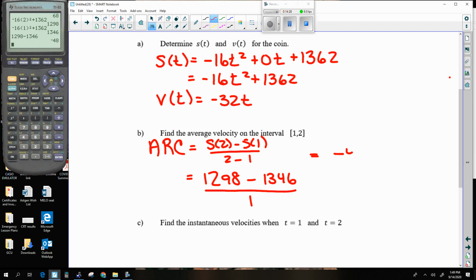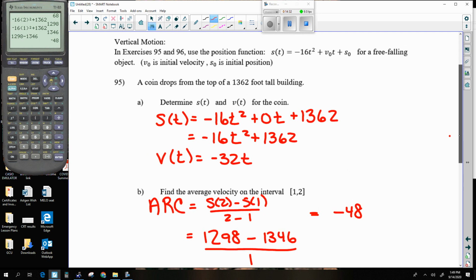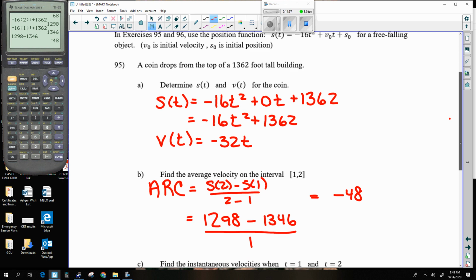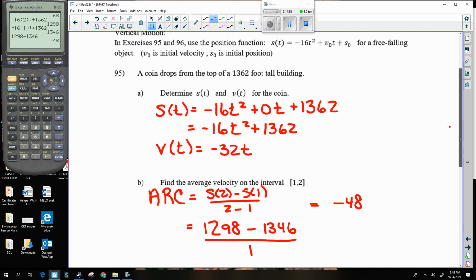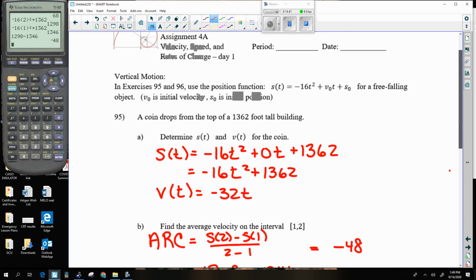And so this is going to be negative 48. And what is this? Feet. I'm going to assume time is in seconds.